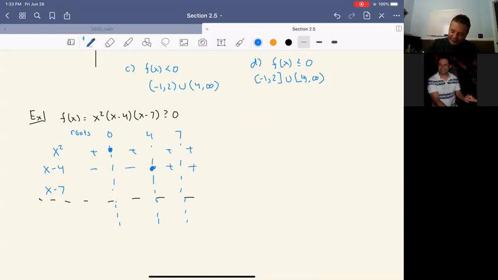And x minus 7 changes also from negative to positive, but at 7. Two negatives is positive, again positive, negative, positive. So when is this greater than or equal to 0? Between, my bad, between negative infinity and 4, and then again 7 to infinity.